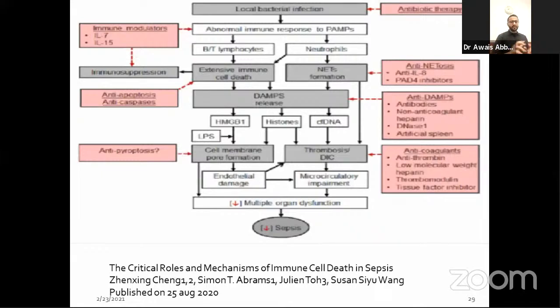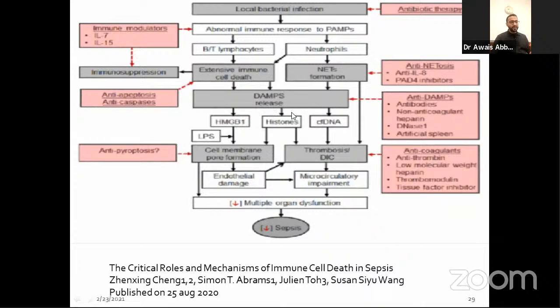When a patient gets a local bacterial infection, it triggers an abnormal immune response to the PAMPs that originate from that bacteria. They will affect lymphocytes, neutrophils and other immune cells. Neutrophils will go on to form NETs. The lymphoid cells will lyse, causing excessive immune cell death. Both of these things collectively produce more and more DAMPs.